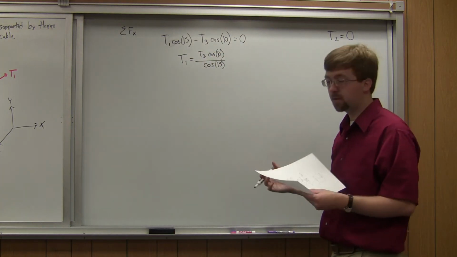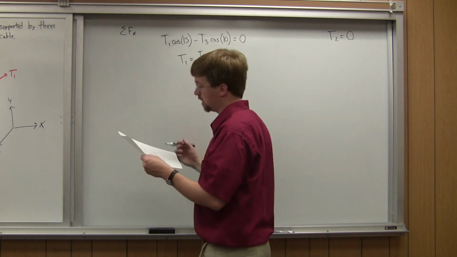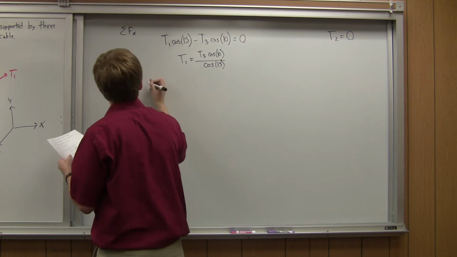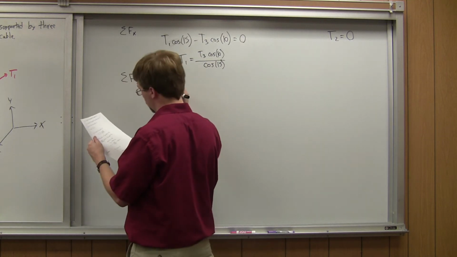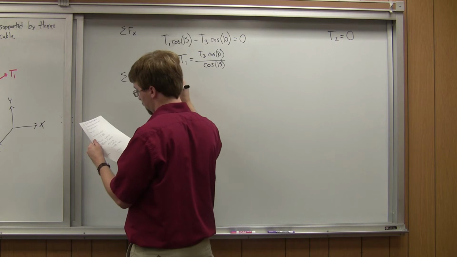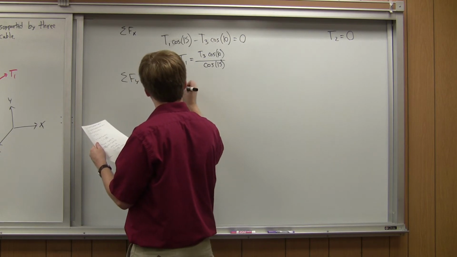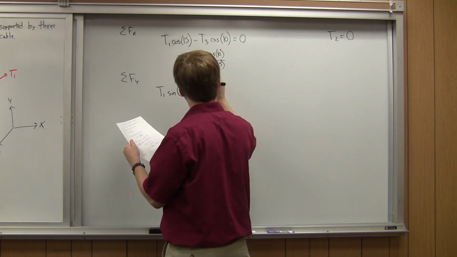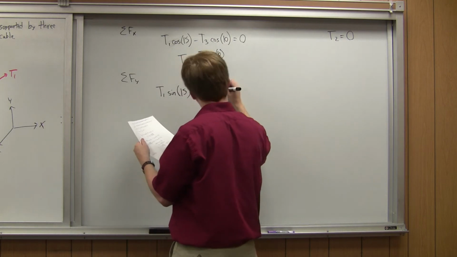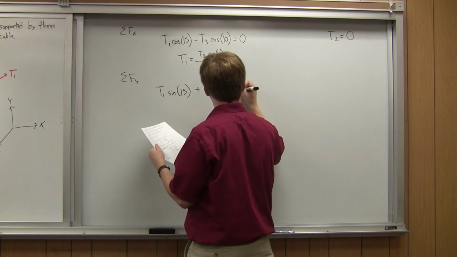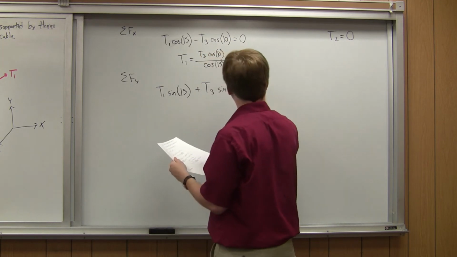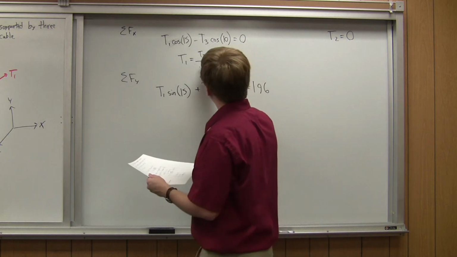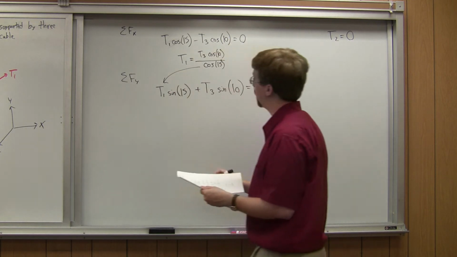I go back to my sum of forces in the y equation, and I can substitute this in. So for sum of forces in the y, I had T1 times the sine of 15 plus T3 times the sine of 10 is going to be equal to 196. I take this whole mess and I put it right there.